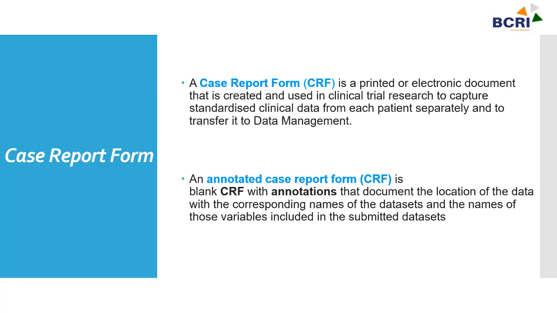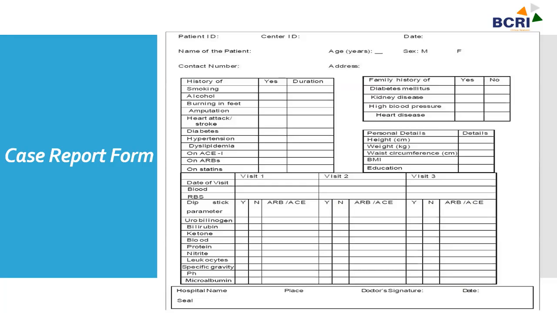An annotated CRF is a document that has annotations which define what exactly needs to be filled in each of the fields that are present. So suppose this is a CRF. An annotated CRF will have something like this: an arrow, and a box, and within this box we mention what information needs to be updated in this particular field.